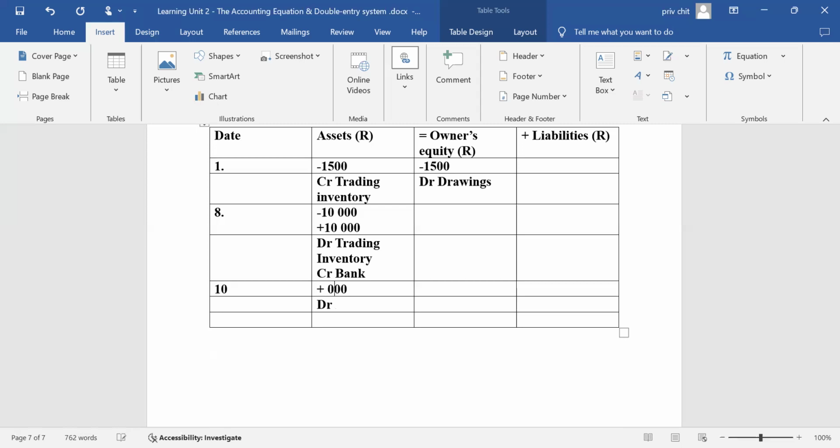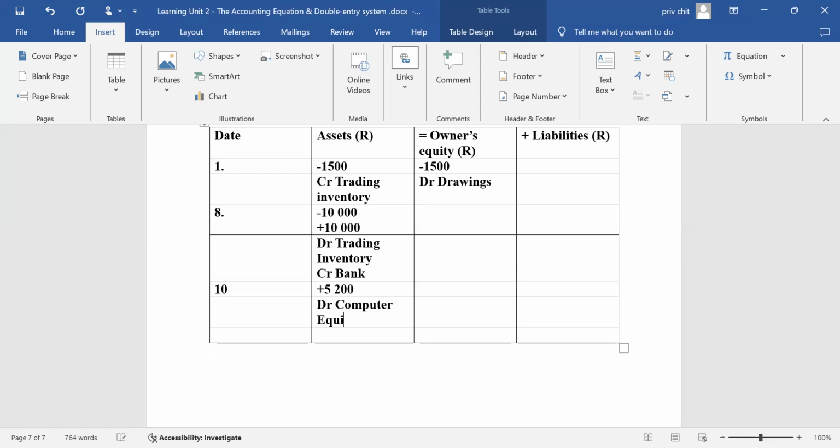That was an error on my end, 5,200. So we're going to debit what there? Computer equipment. And then with liabilities, they will increase by 5,200, right? So we're going to have to credit what? Creditors control. Are we together? Yes. Because we bought something on credit.